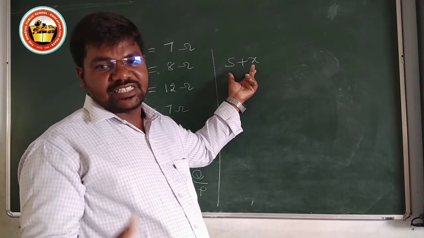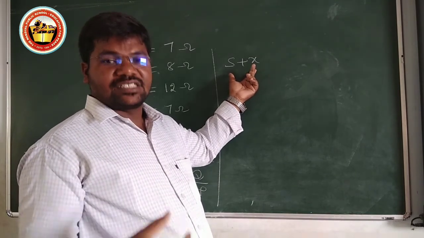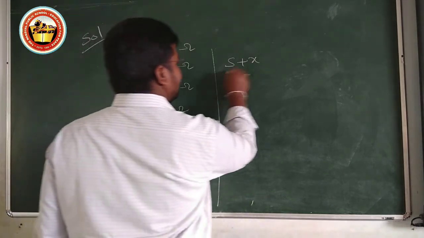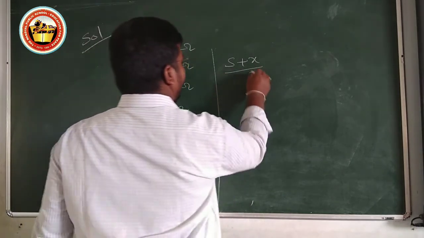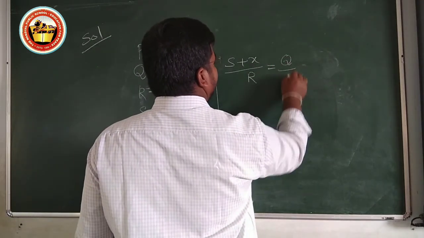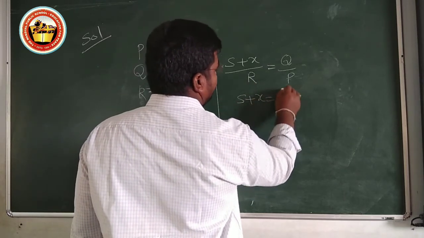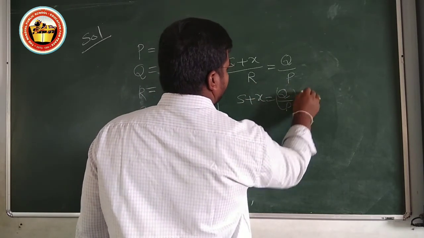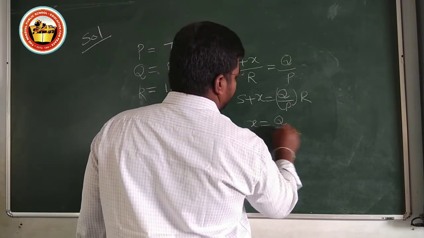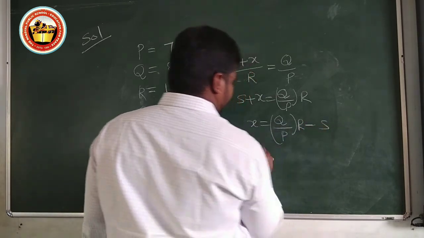S plus X divided by R is equal to Q divided by P. So S plus X is equal to Q by P into R, and X is equal to Q by P into R minus S.